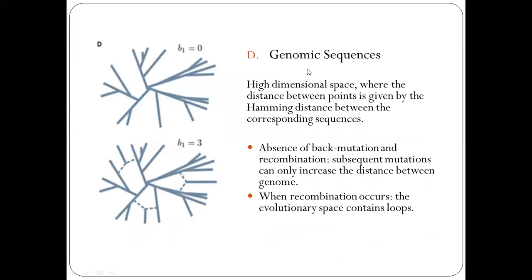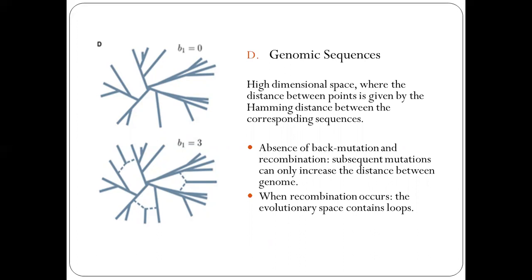Then we see genomic sequences. A genomic sequence is a high dimensional space where the distance between the points is given by the Hamming distance between the corresponding sequences. In the absence of back mutation or recombination, the distance between the genomes increases.